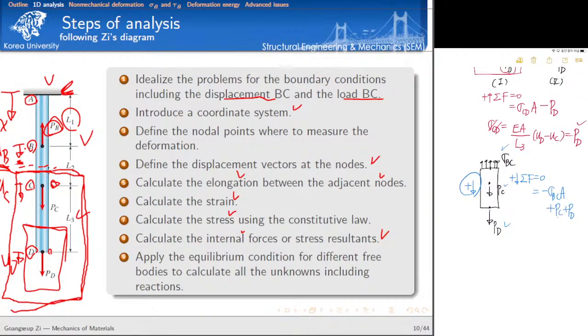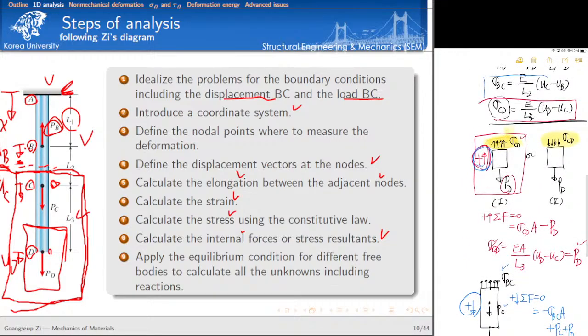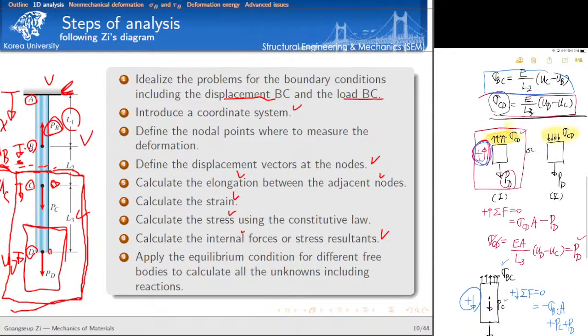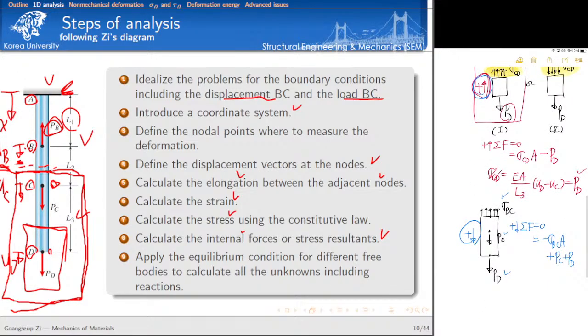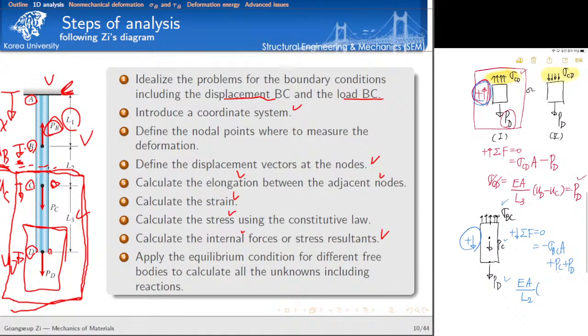So if you move PC and PD to the other side, from this equation, sigma BC gives the elastic modulus and cross-section area divided by L2 times UC minus UB, which is equal to PC plus PD. Is it clear, right? Okay, so I got the second equation.